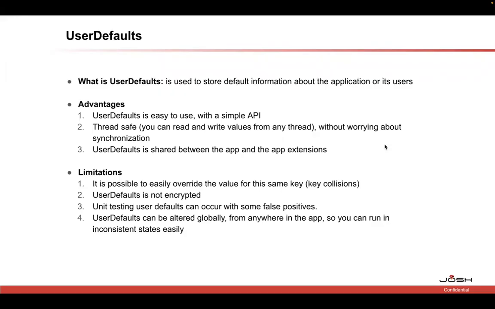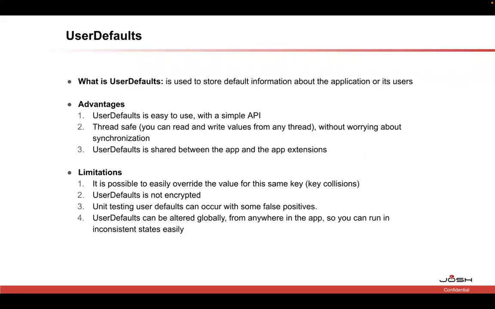So in that particular module or anything, you can easily access UserDefaults. Now the limitation of UserDefaults is that it is possible to easily override the value. Let's say I have stored my username by using that particular username key, and I store any other value by using the same key, then that value may get overridden. Got it? So that's the disadvantage of using UserDefaults.